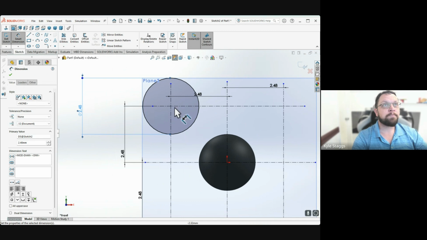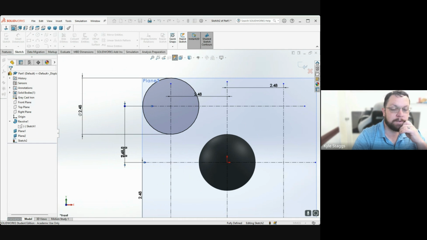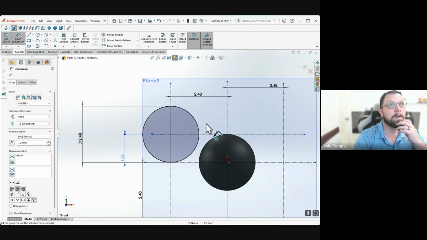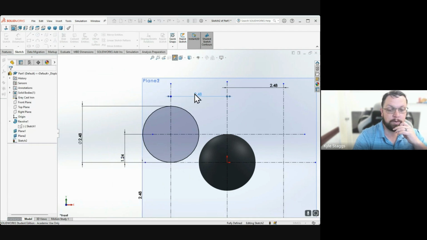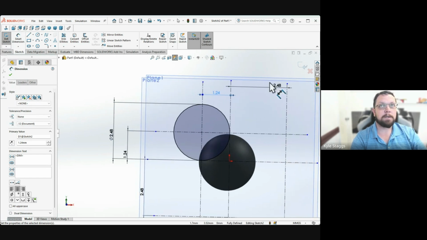2.48. Here we're going to bring this down to 1.24. We're going to bring this down to 1.24. See, yes, that is actually correct, 1.24.